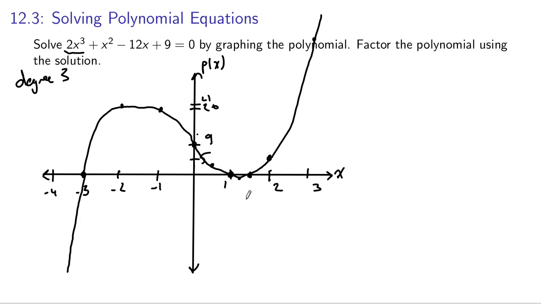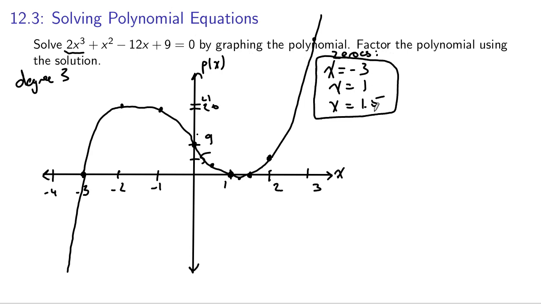And we have a graph. And by graphing, I've already seen that p of x is 0. So zeros are at x is -3, x is 1, and x is 1.5, which would be our solutions to our equation equals 0.